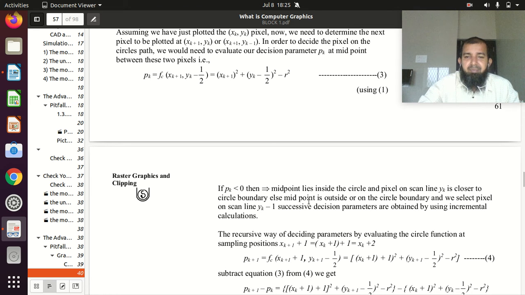Otherwise, if pk is greater than 0, the midpoint is outside or on the circle boundary, and we select the pixel on scan line yk minus 1. Successive decision parameters are obtained by using incremental calculation. Like this, we find the next pixel positions, and go on, then it becomes a full circle.